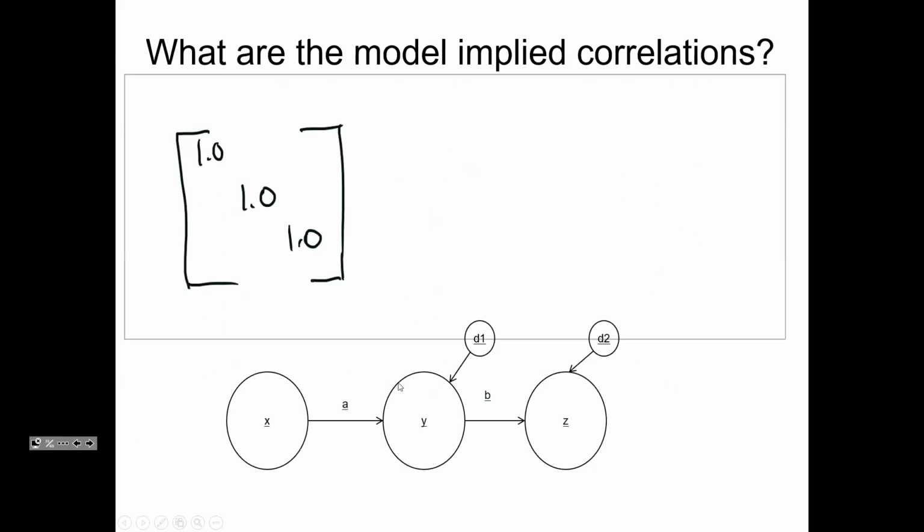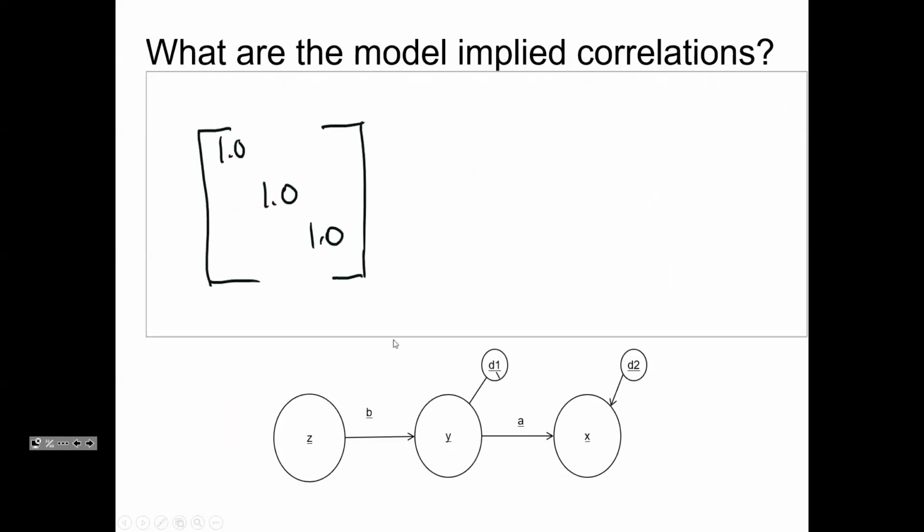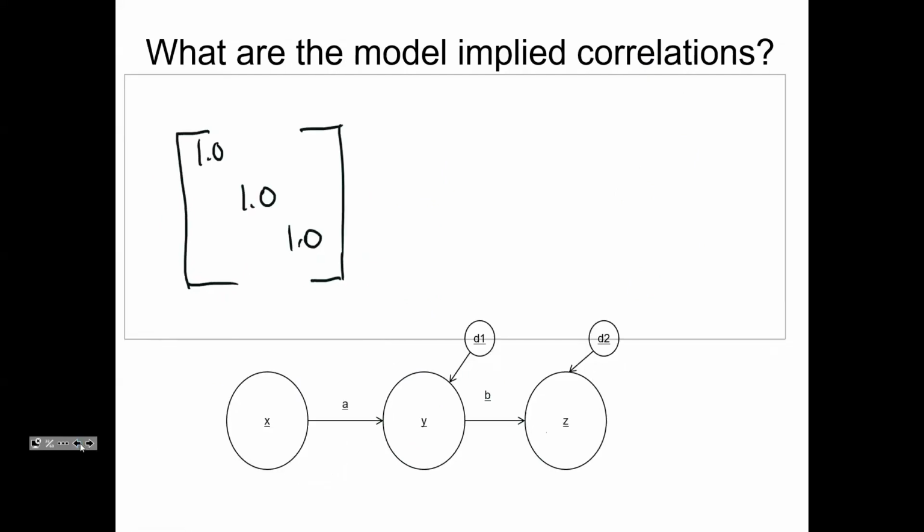So if you think about the model implied correlations, here we've got X predicts Y predicts Z, and here's the A path and here's the B path. So what's the model predicted correlation between X and Z?